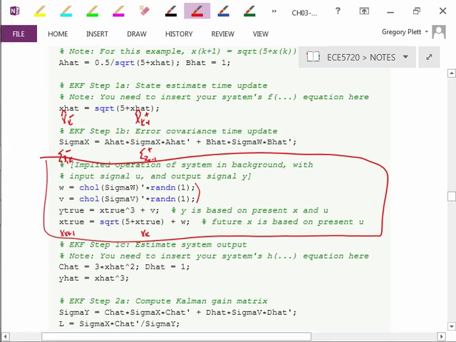It's time to go into step 1c, and again I need to compute the C hat and D hat matrices before I stomp on anything. So that's going to happen here. So C hat is 3 x hat squared and D hat is 1, and y hat equals x hat cubed.